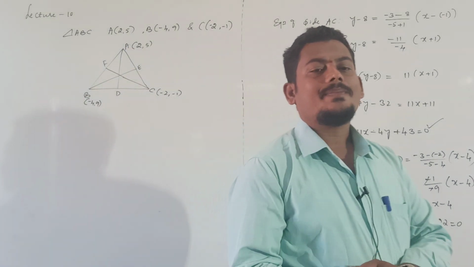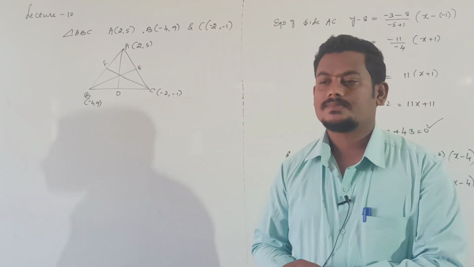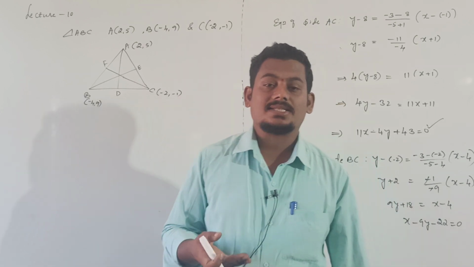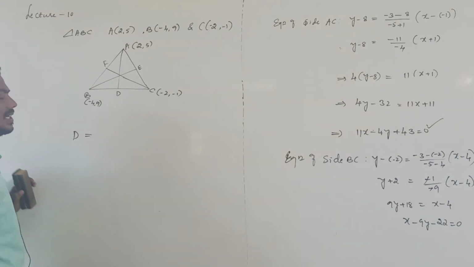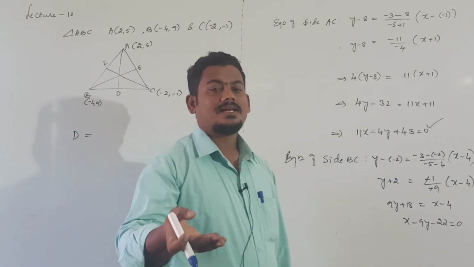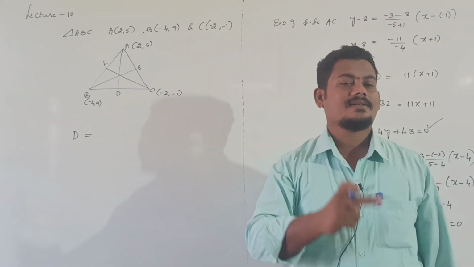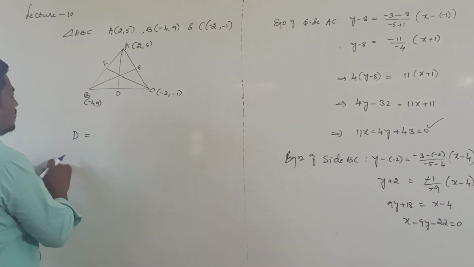Find the equations of medians, meaning one of the conditions they have given, right? How to find D coordinates? By definition, D is midpoint of BC, then only it is median. Then what are the coordinates of D?